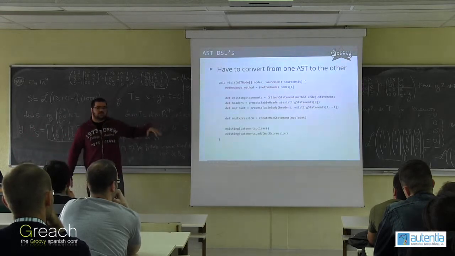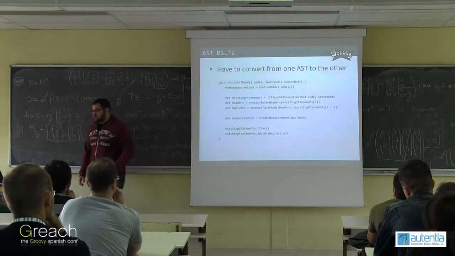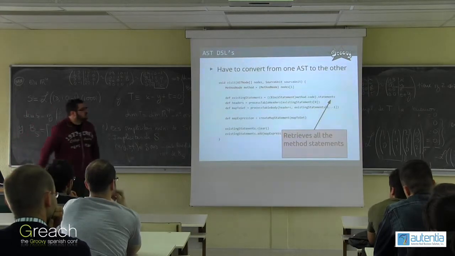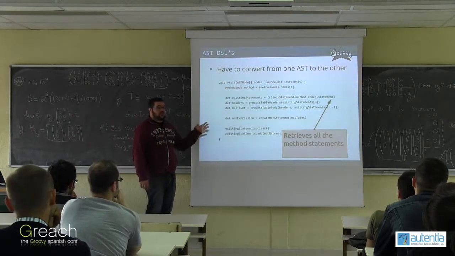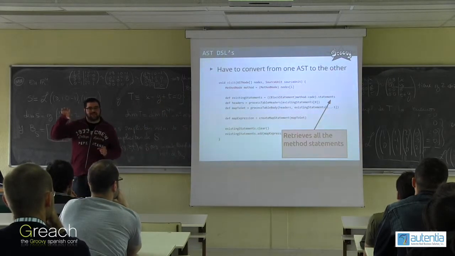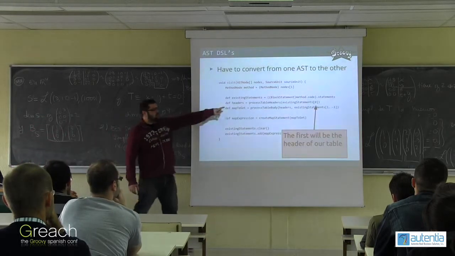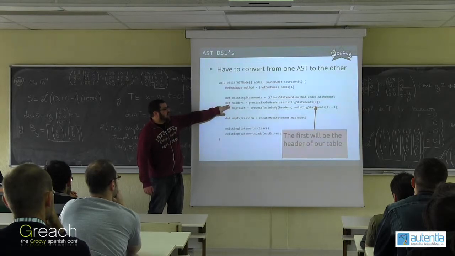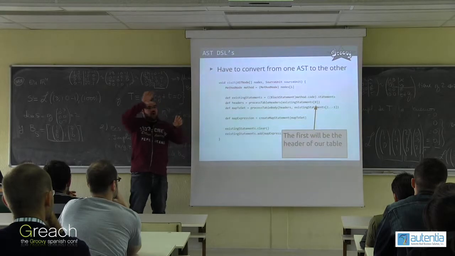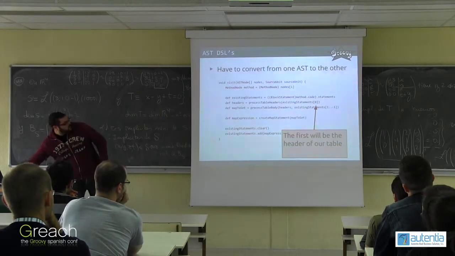Yeah, this is what the finished transformation looks like. I retrieve all the statements in the original table-like structure, and then from that block of code I extract the header of the table, value 1, value 2, value 3, and then the body.